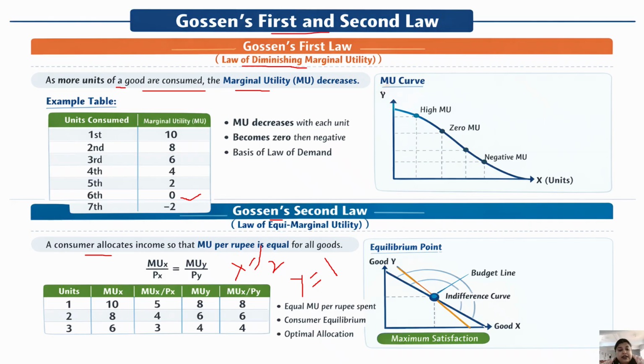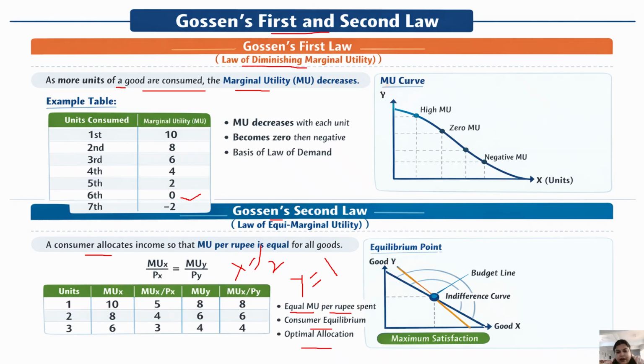Now let's see the second good, the marginal utility of Y, where we divide 8 by 1, because for Y we take the price equal to 1, so we get 8, 6 and 4. Now, in this particular table, we have equalized the marginal utility of both goods by their prices, and also we can equalize the consumer behavior and optimum allocation.